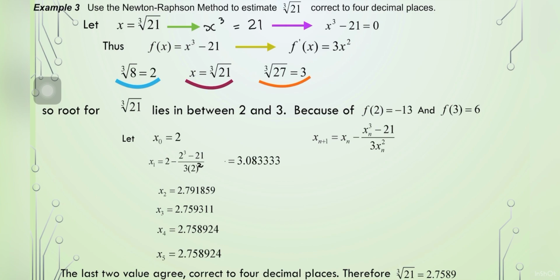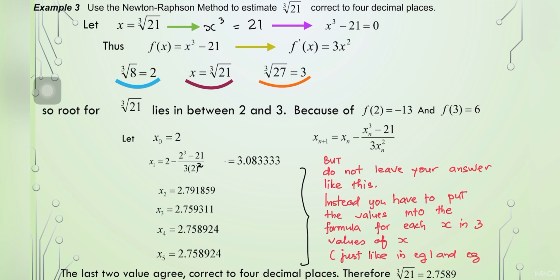Whenever you are doing it like this, without writing down the formula for x2, x3 and also x4, do not leave your answer like this. Even though the calculation is correct, we cannot leave our answer like this. Instead, you have to put the values into the formula for each of the values of x, I mean x1, x2, x3.